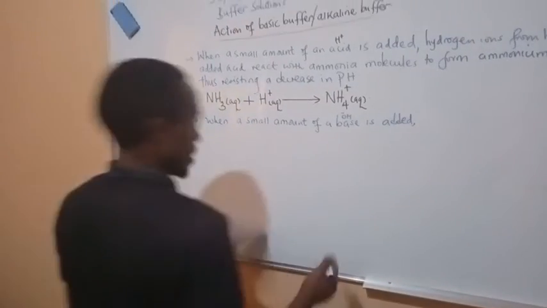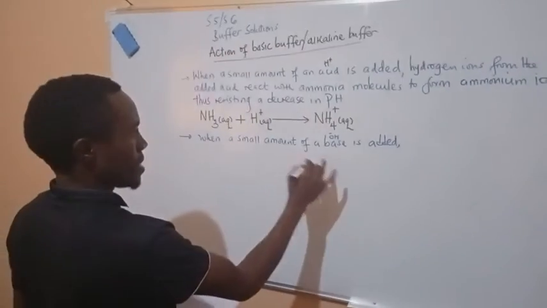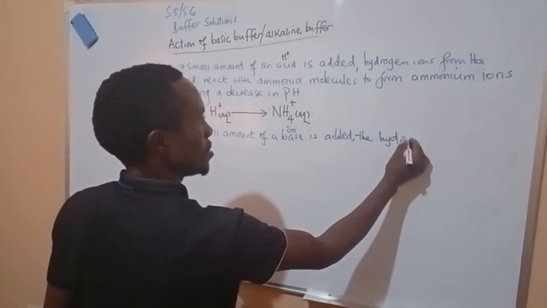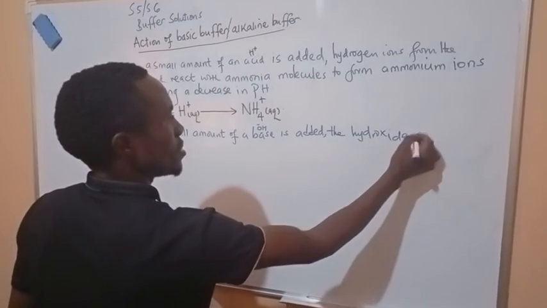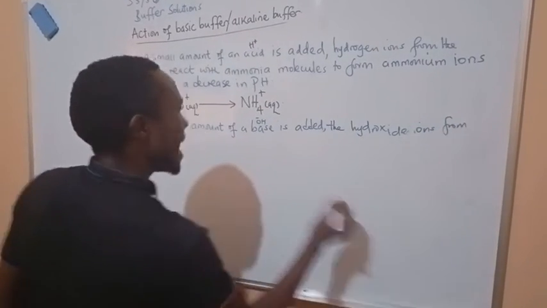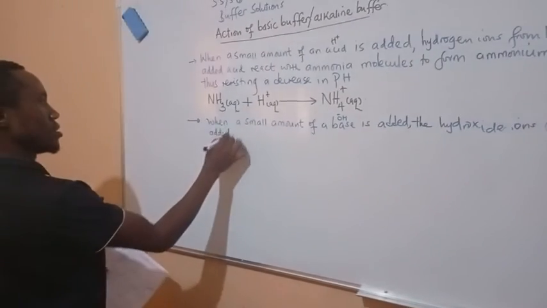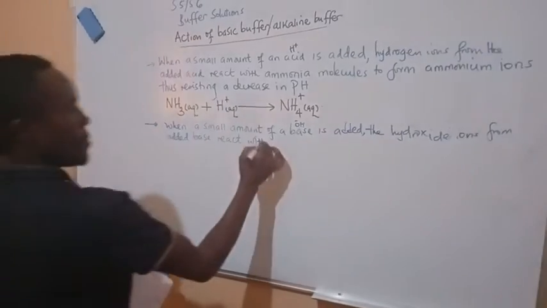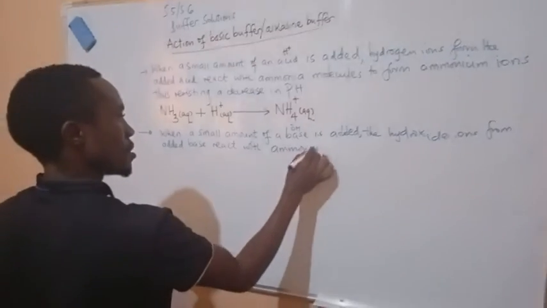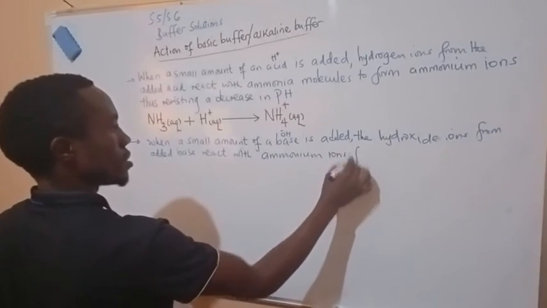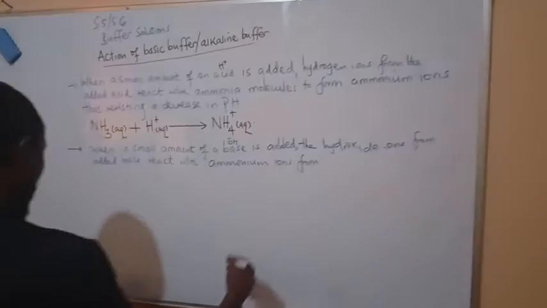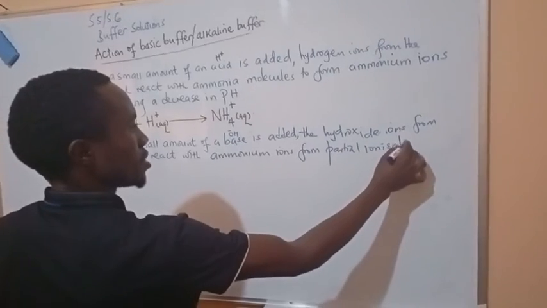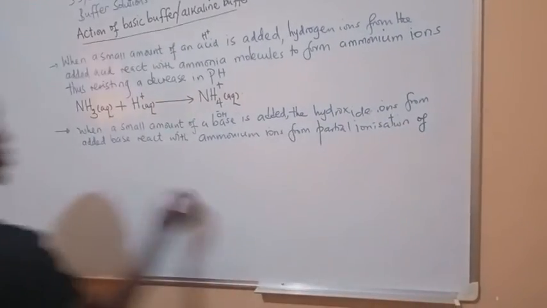Very good. So we shall say that when a small amount of a base is added, the hydroxide ions from the added base react with ammonium ions from partial ionization of ammonia solution.